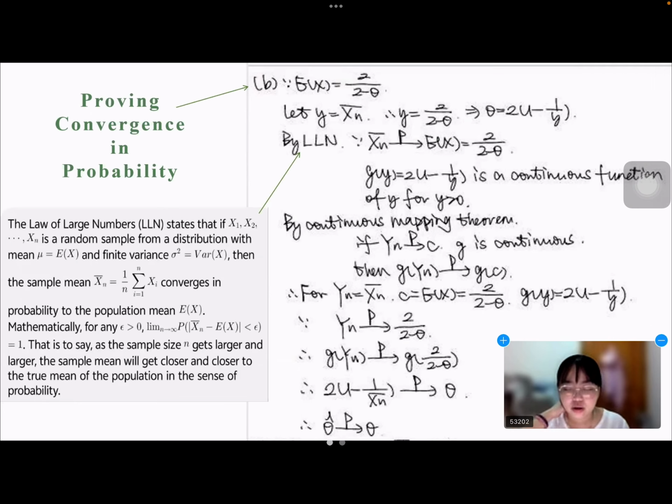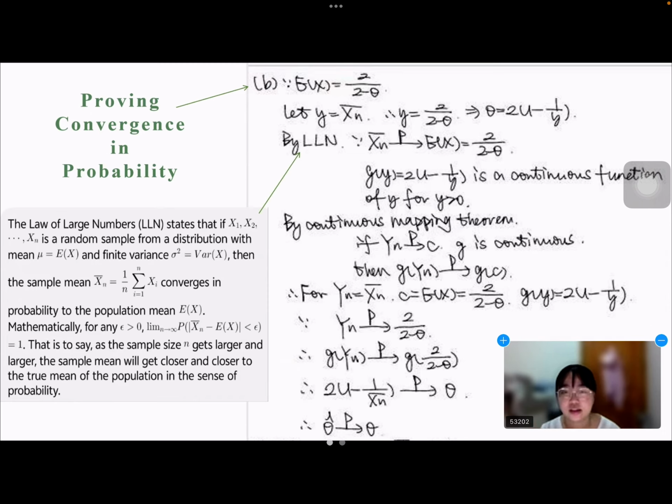After doing this, let's see what we need to do in part B. In this part, we need to use the law of large numbers and also the continuous mapping theorem. After using the law of large numbers, we get this convergence function, and we know that applying a continuous function to this convergence, we can also get a convergence.